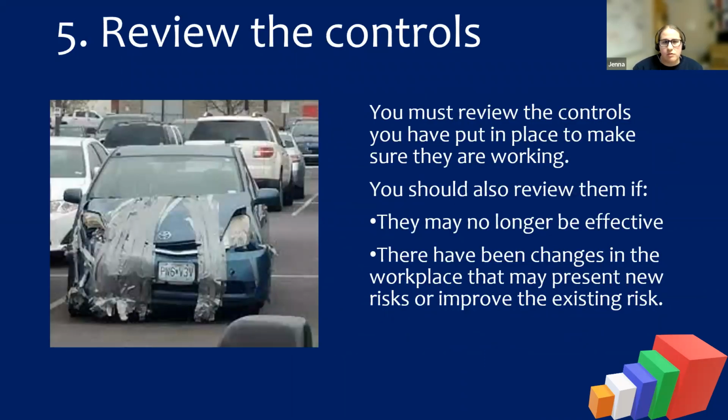The next one is reviewing the controls. The review part is one of the most important elements. It's making sure we're checking whether the controls are no longer effective, or whether changes have been made in the workplace that may present new risks or may improve the existing risk.